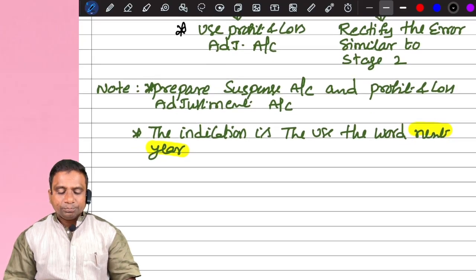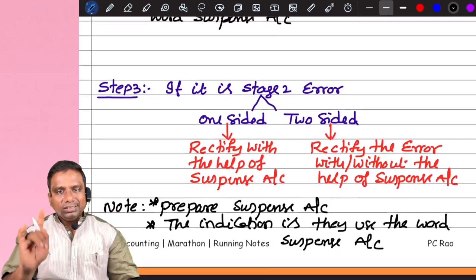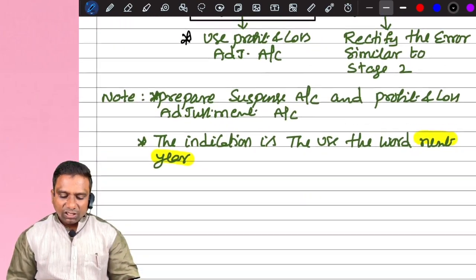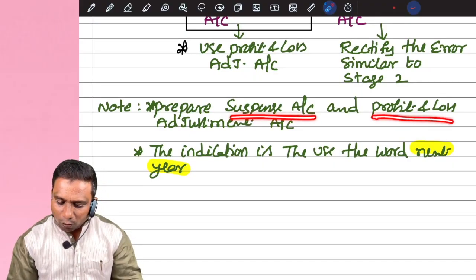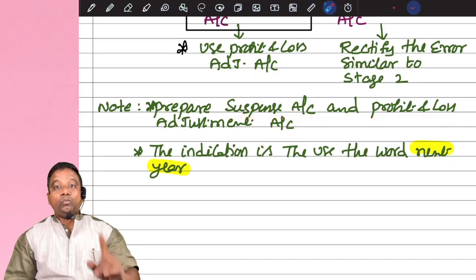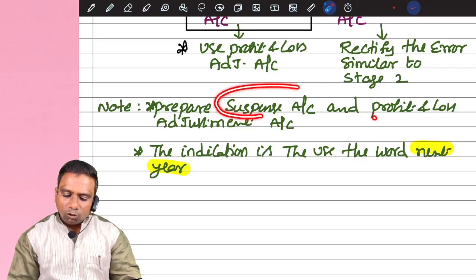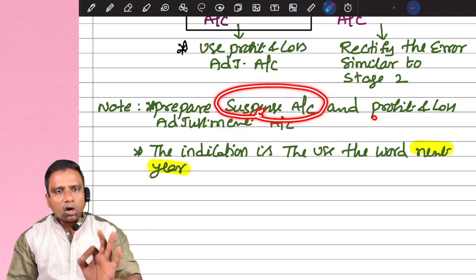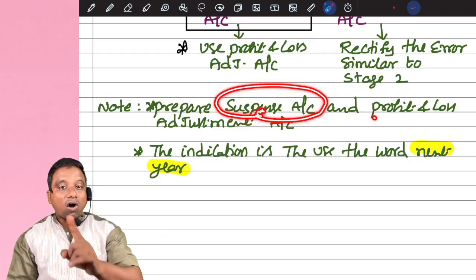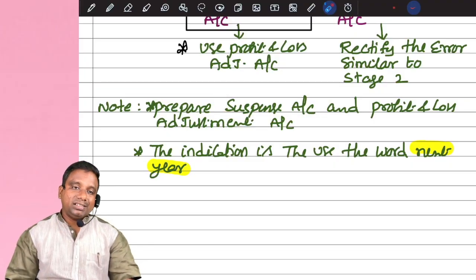Note the point: in stage 2 we prepare only suspense account, but in stage 3 we prepare suspense account as well as profit and loss adjustment account. Both accounts we prepare, and the balance in suspense account sometimes automatically gets closed. If it is not closed, carry the balance, or else you can transfer the suspense account balance to profit and loss adjustment account.